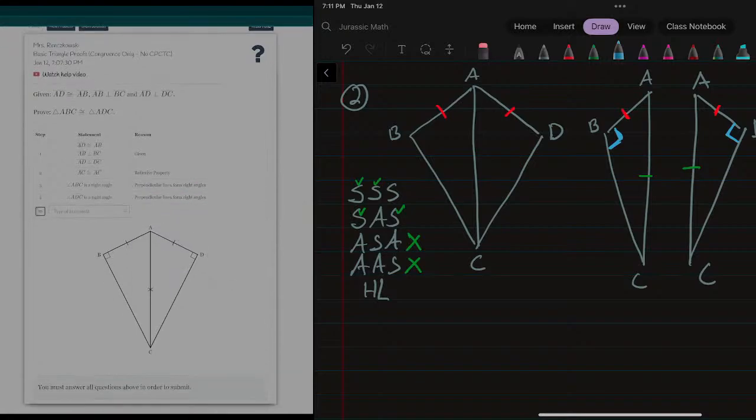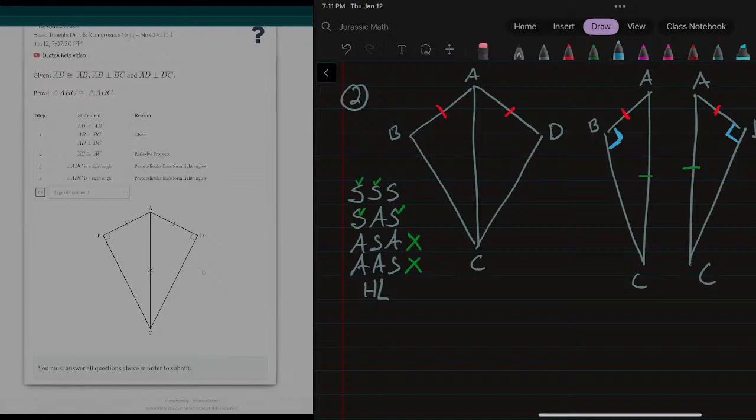So now that I have two right angles, I'm going to pick HL, which stands for hypotenuse leg. What that means is in a right triangle, if the hypotenuse, which is the longest side, and one of the legs, one of the shorter sides, are congruent, then the entire triangle is congruent.